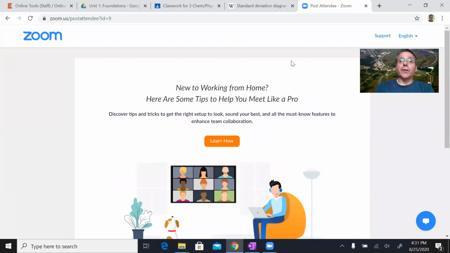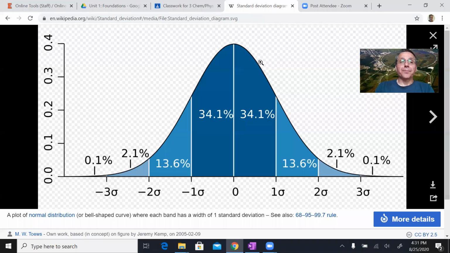So when you look at standard deviation, this is a bell curve. Notice here are the sigmas down along the x-axis: 1 sigma, plus or minus 1 sigma, 2 sigmas, 3 sigmas. And they've got these percentages drawn on these areas of the curve. These are probabilities.